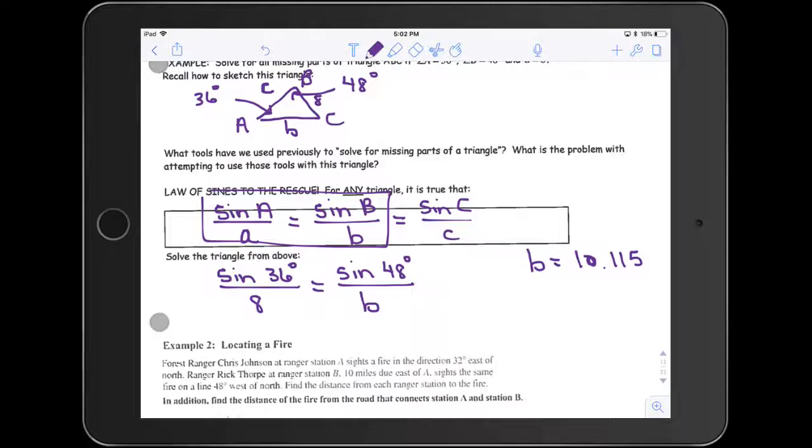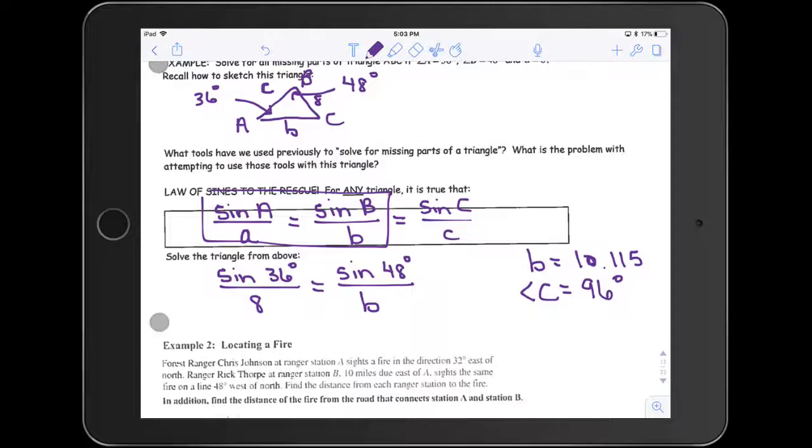I can do the law of sines with finding side length C, but I need to find angle C first. And of course we have two angles in a triangle, so we can just go 180 minus the 36 degrees minus the 48 degrees, and that'll give us an angle of 96 degrees. And so now I can just do the other part with law of sines.